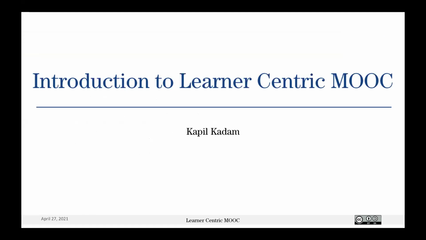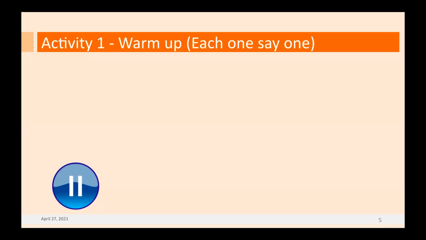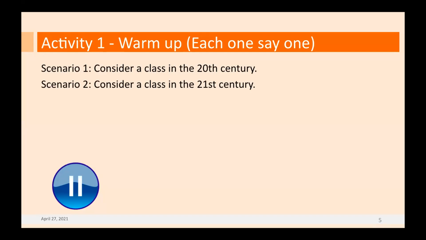Okay, like I said, I have a warm-up activity for you. So consider a scenario one, which is a class in the 20th century, and then in scenario two, consider a class in the 21st century.